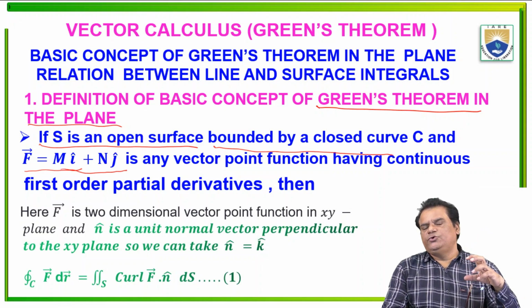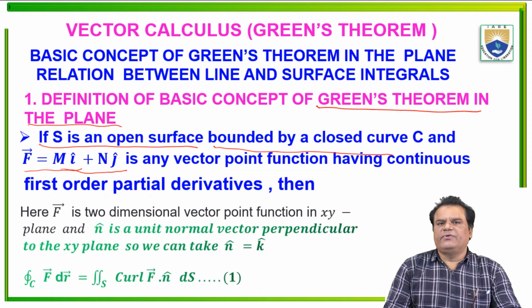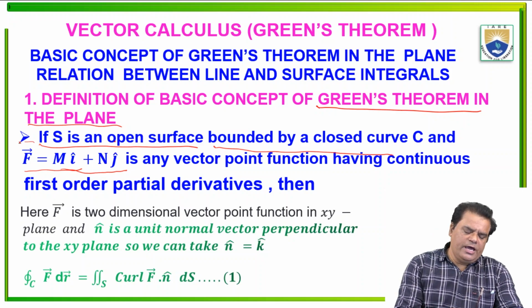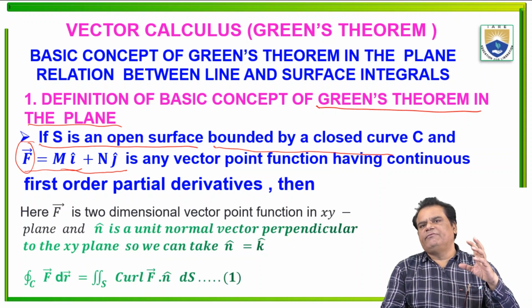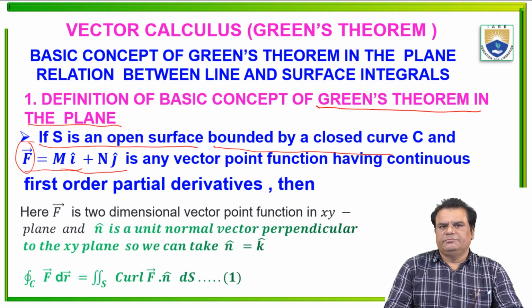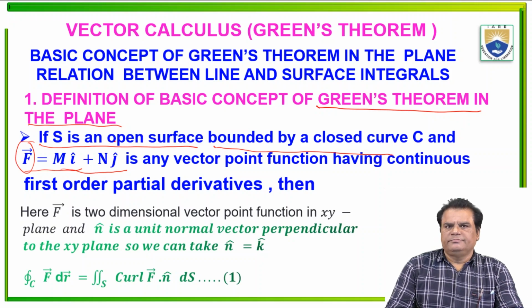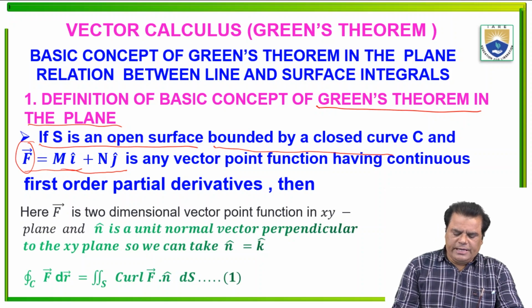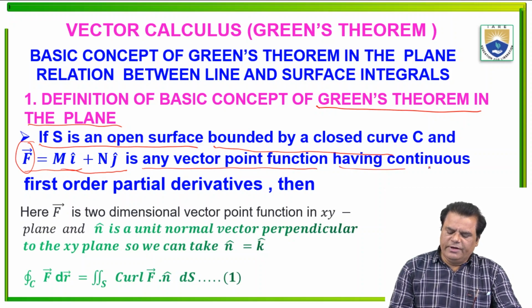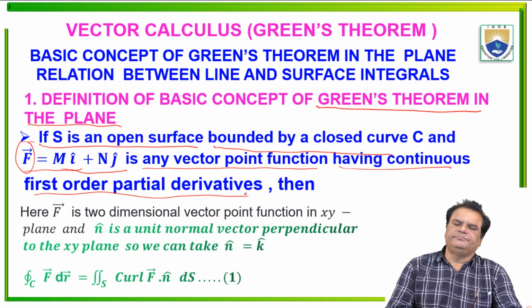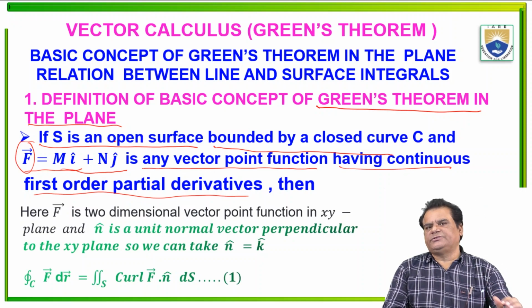This is a two-dimensional vector point function F. F is a vector point function that is represented by force. This is the force in vector form. Any vector point function in two dimensions having continuous first order partial derivatives, then this is the condition that must hold.